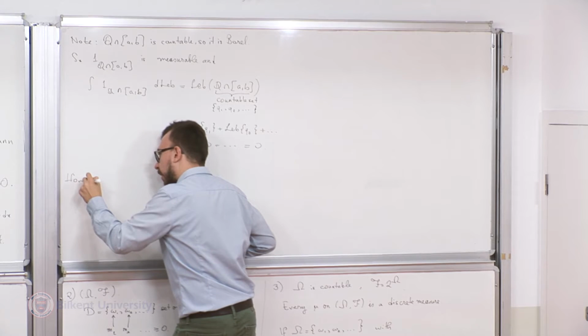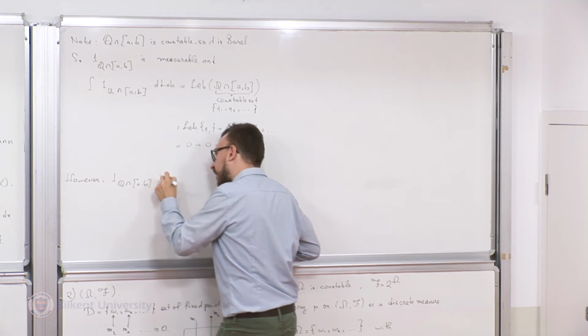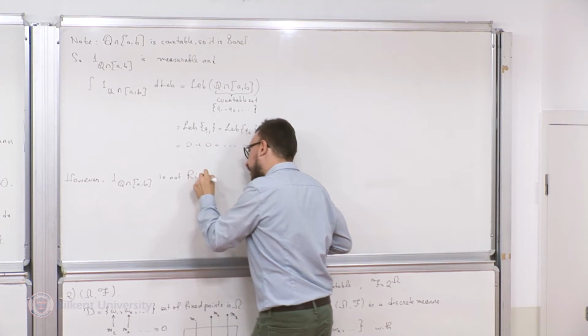However, the indicator of Q intersection A to B is not Riemann integrable.